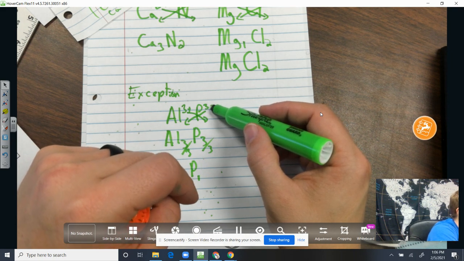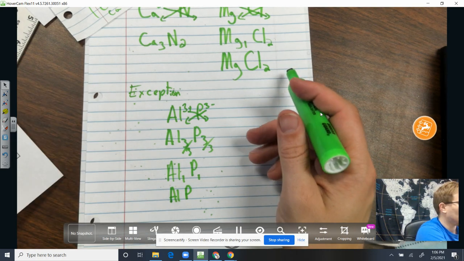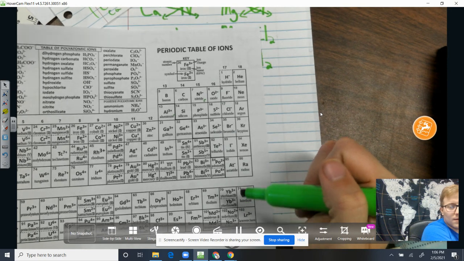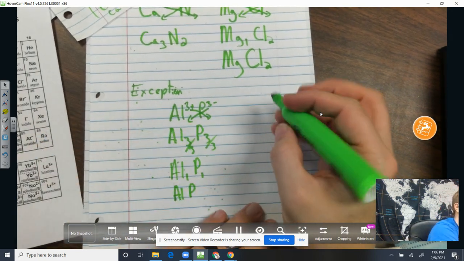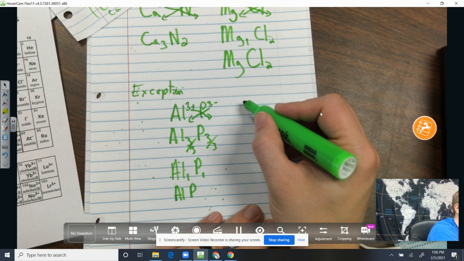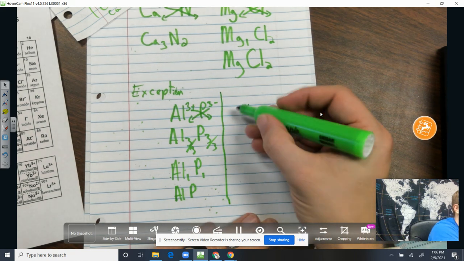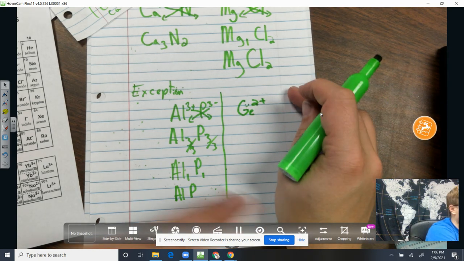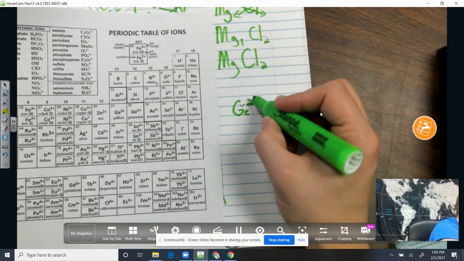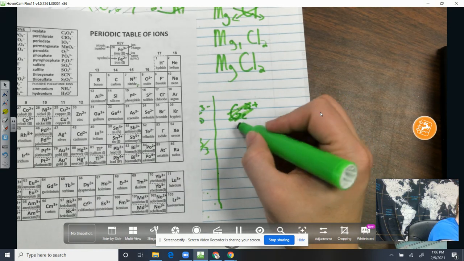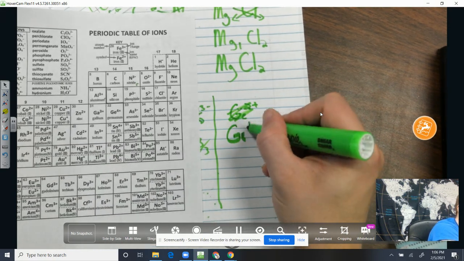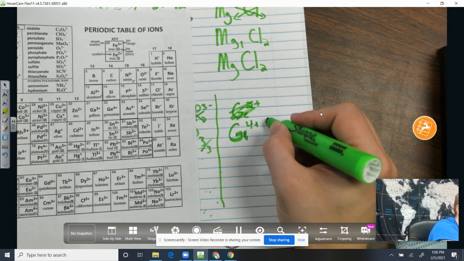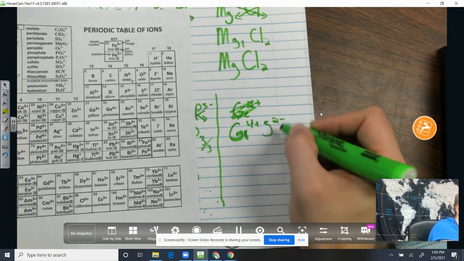Let's do another simplification. No, we can't do this one. Let's do germanium. Okay. So germanium is a 4 plus. Let's put Ge. Ge4 plus. I'm going to bond it with sulfur at 2 minus.